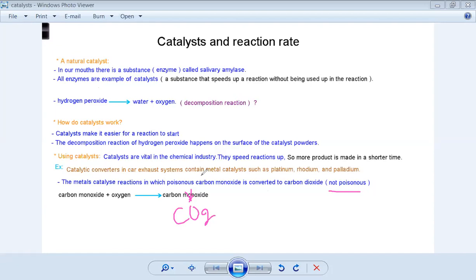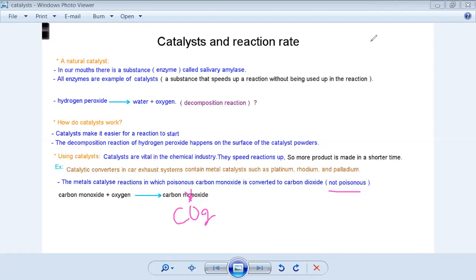So this was all about the catalyst and the reaction rate. So in this lesson, we explained about the natural catalyst and what a catalyst is. It's a chemical or a substance that speeds up the reaction without being used in the reaction, so we don't lose it, we are just using it, okay?